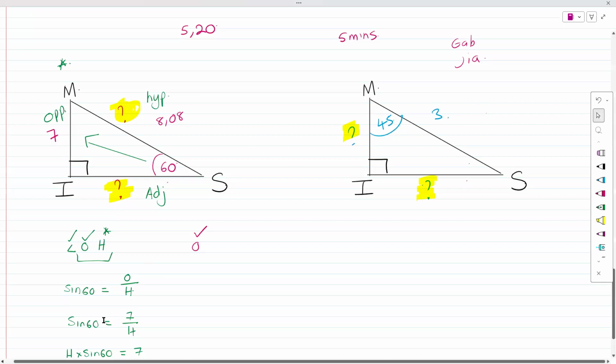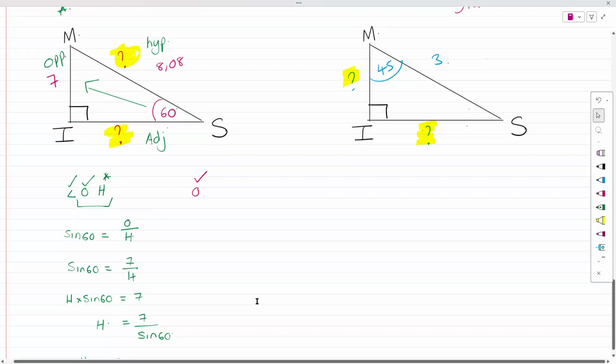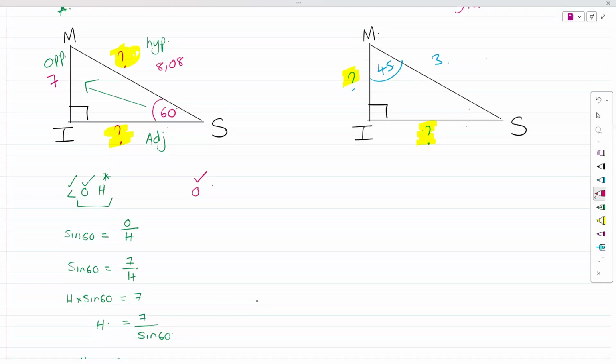We have the opposite and the hypotenuse, and we have an angle as well. Now, this is what Gabby did, or Tezia did, right? But now, what do we need to calculate here? The adjacent. We need to calculate the adjacent.